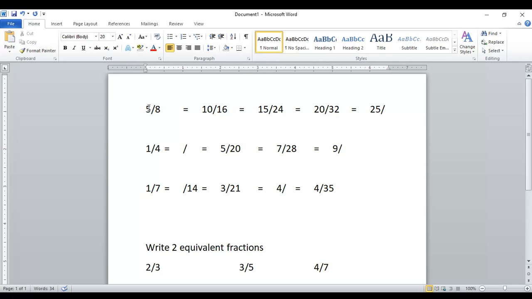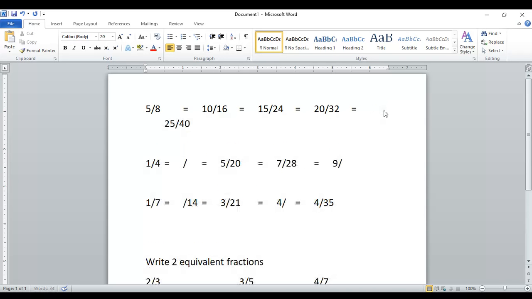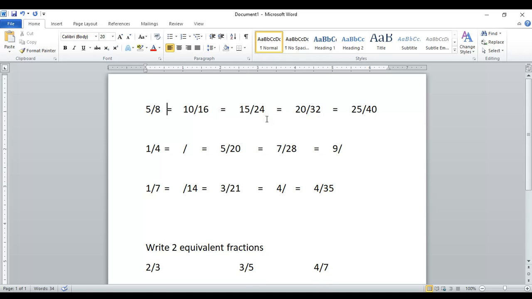So we've done 8 times 2 to get 16, 8 times 3 to get 24, 8 times 4 to get 32, so it will be 8 times 5 here to get 40. So I hope that you see that pattern there. And these are all equivalent fractions that stem from this original fraction.